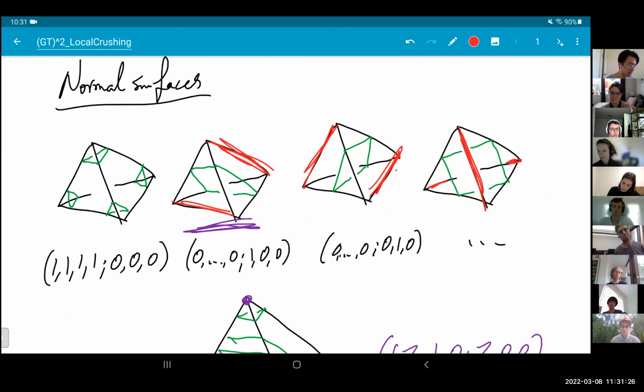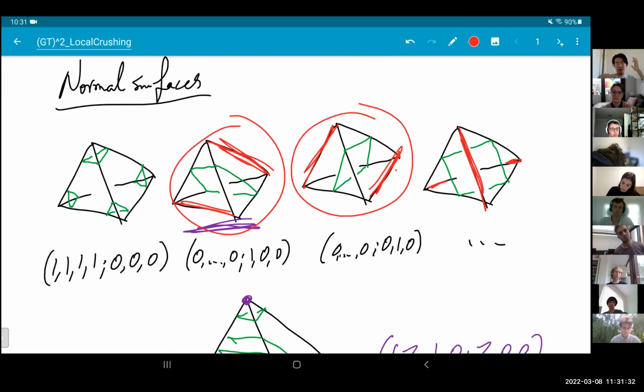It means if I have, let's say, quadrilaterals of these two types, I have one quadrilateral of type A and one quadrilateral of type B in the same tetrahedron.